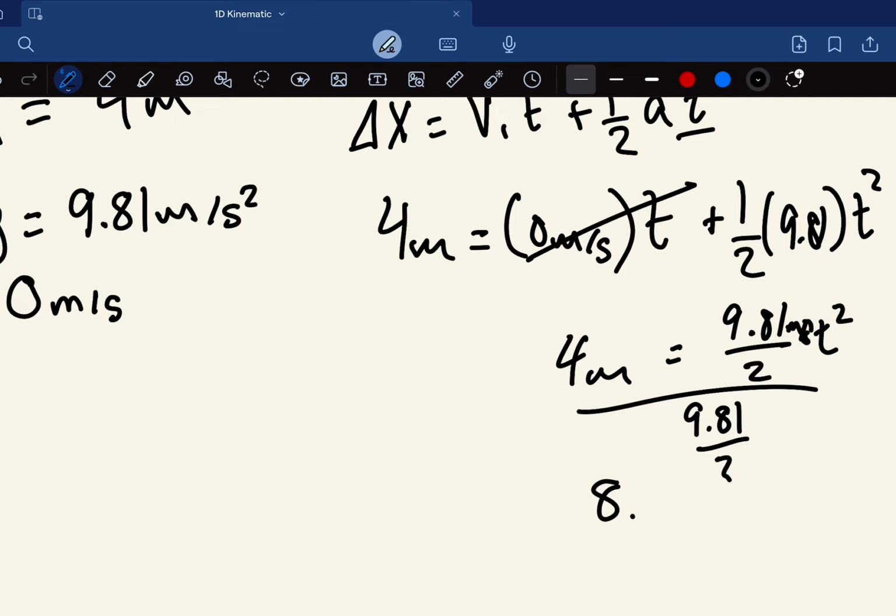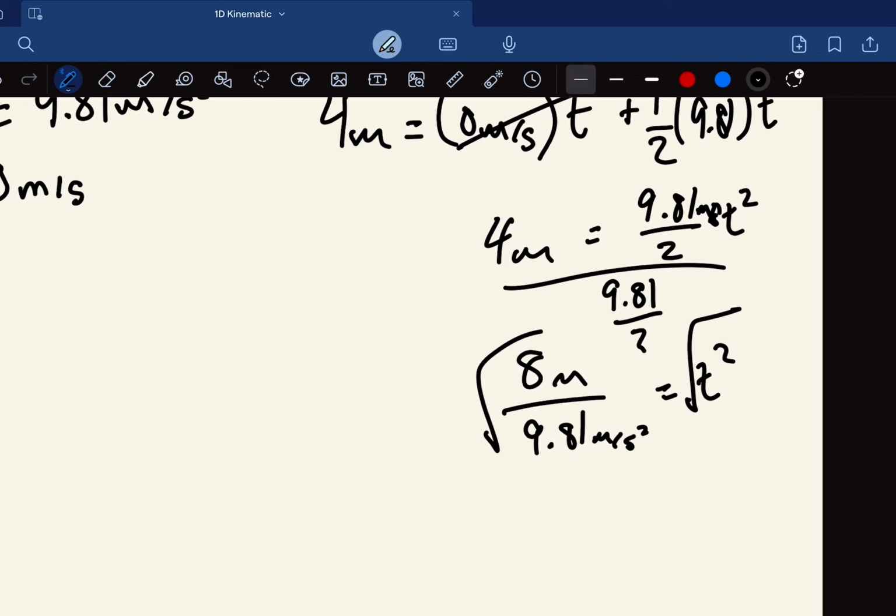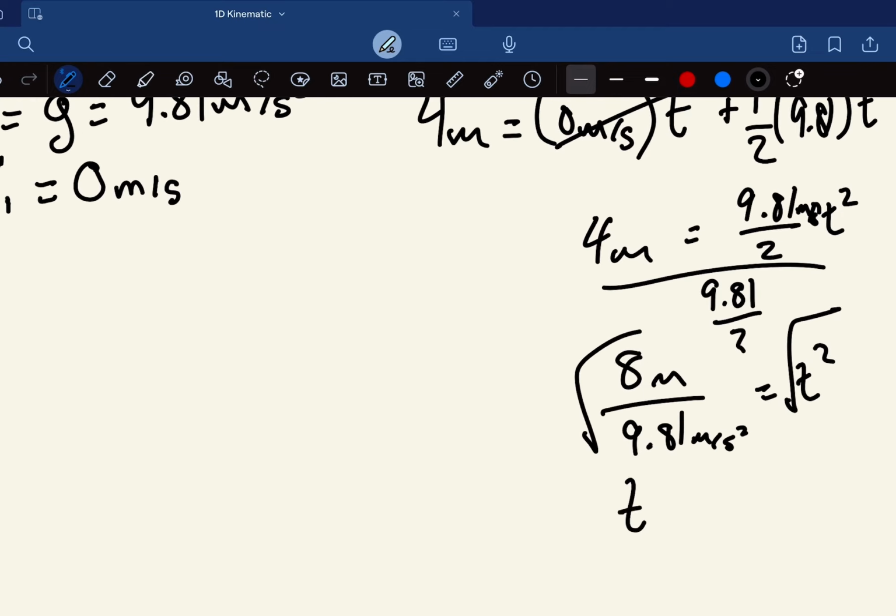We get 8 meters divided by 9.81 meters per second squared equals t squared. Take the square root of both sides, and we get t equals radical 8/9.81 times seconds, since that is our units.